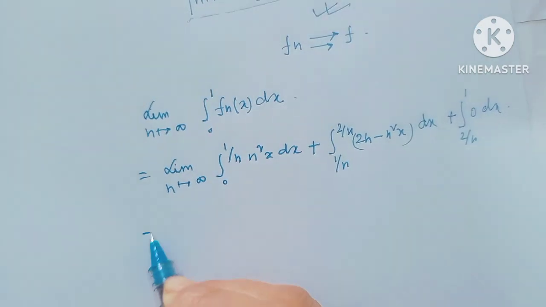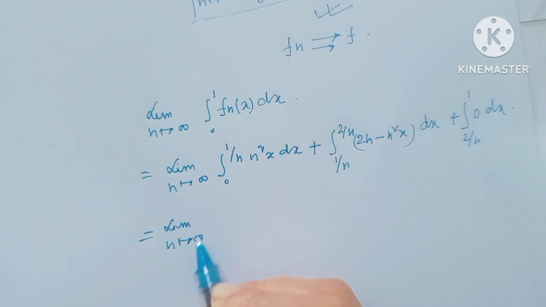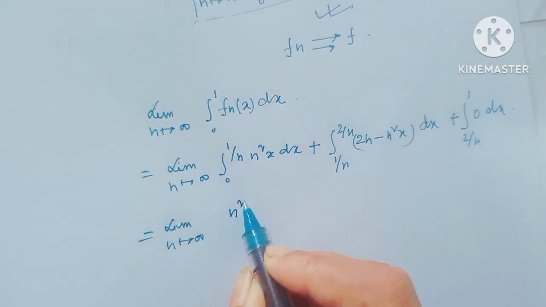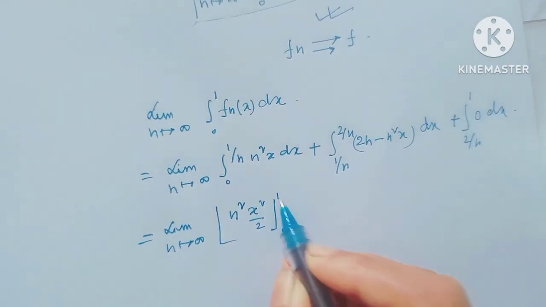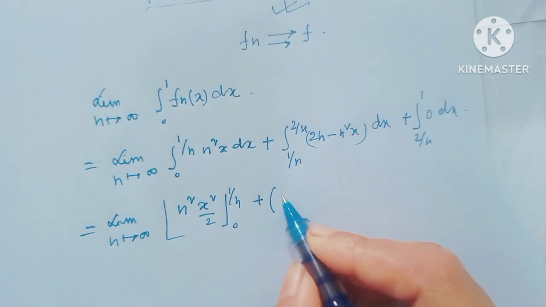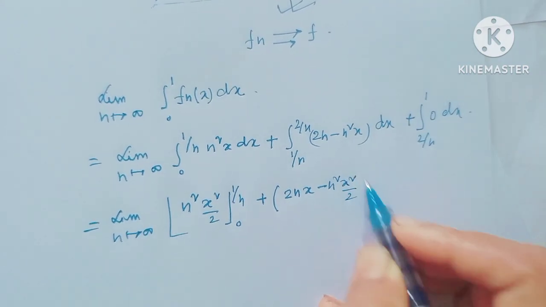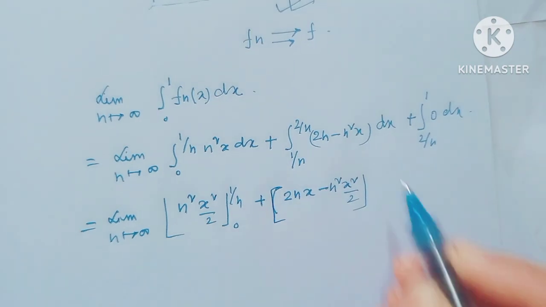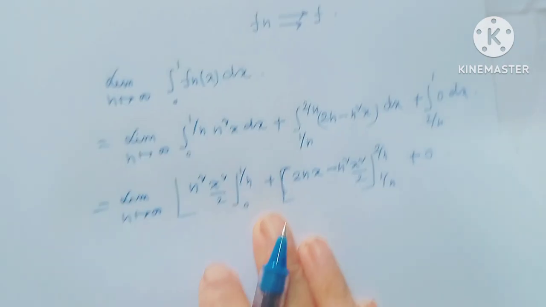This value is the limit of n square x square by 2 from 0 to 1 over n, plus 2nx minus n square x square by 2 from 1 over n to 2 over n, plus 0.